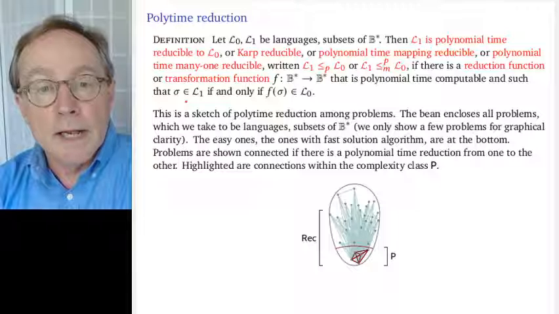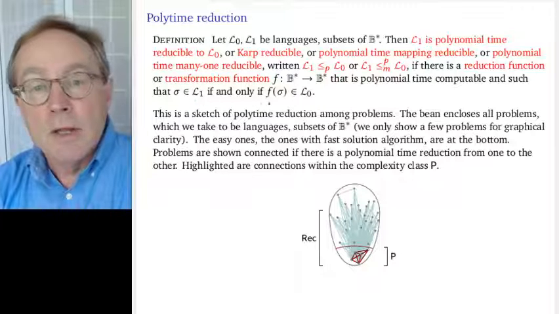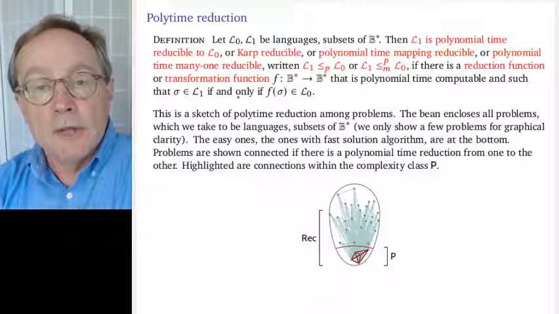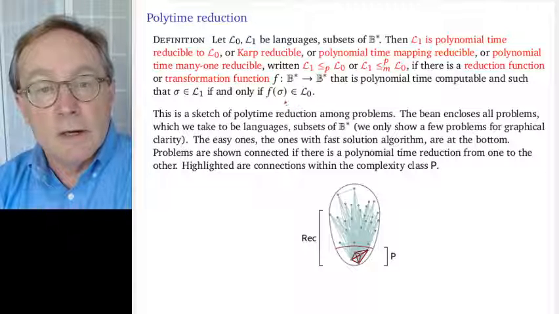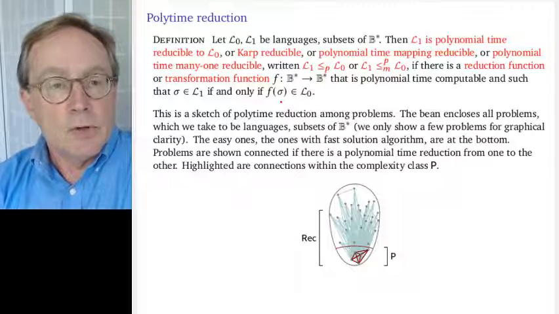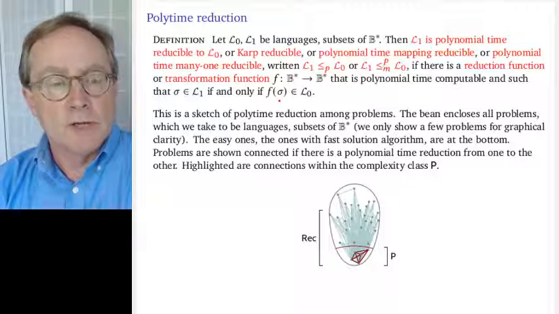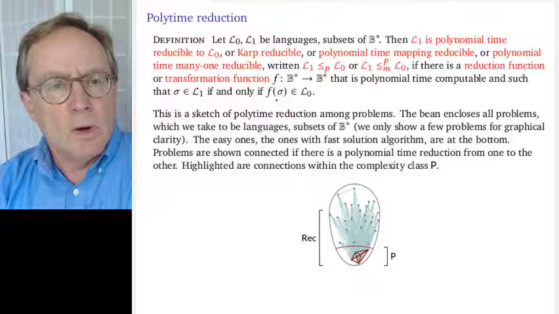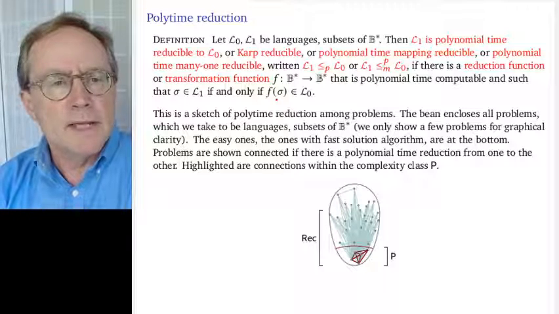So you can answer questions about L1 by posing those questions to an L0 oracle. f translates the questions you asked in L1 over into questions that are in L0. In terms of the previous slide, for example, we had to convert the graph so that every edge has weight 1, and we had to give a sensible bound.